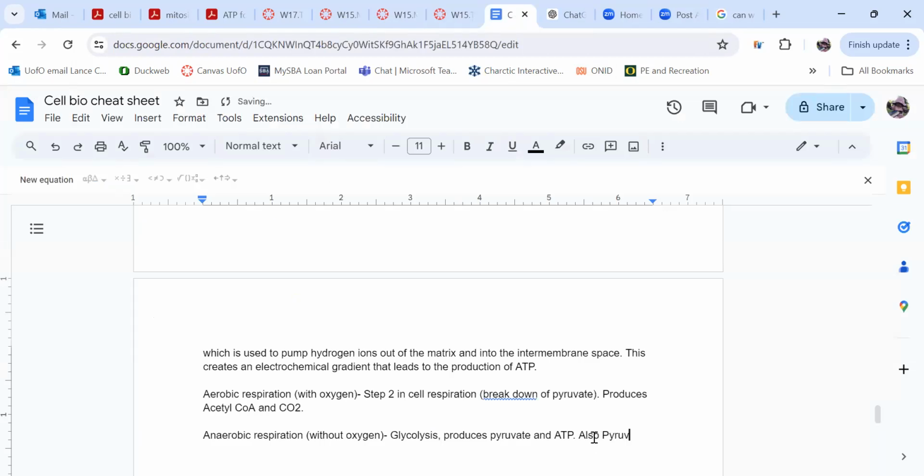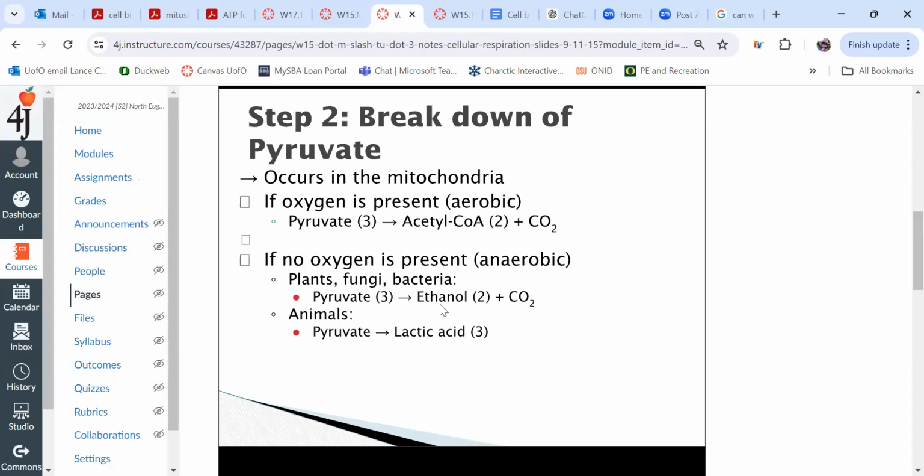So pyruvate breakdown step, which produces lactic acid in animals or ethanol in bacteria. Is that right? And carbon dioxide.